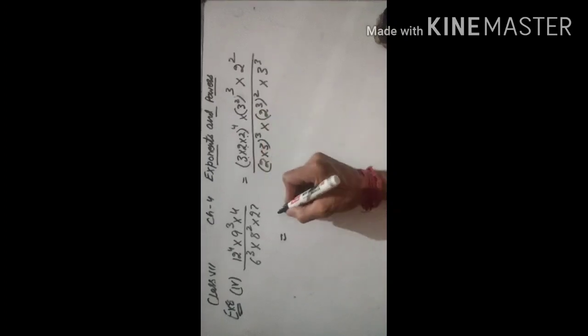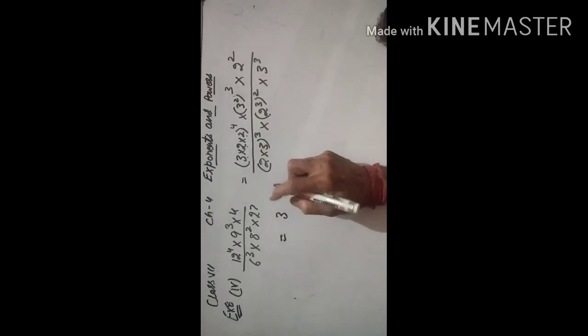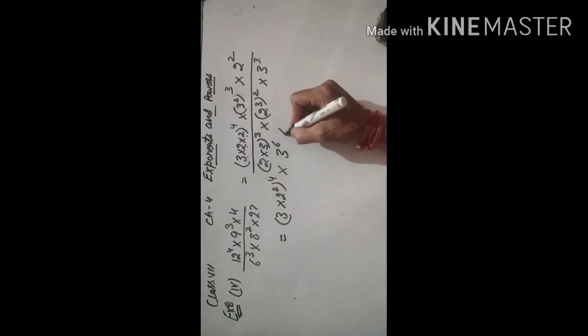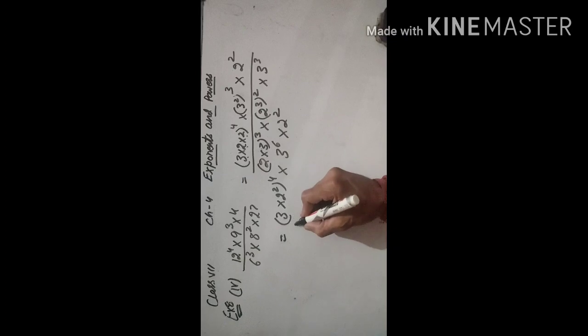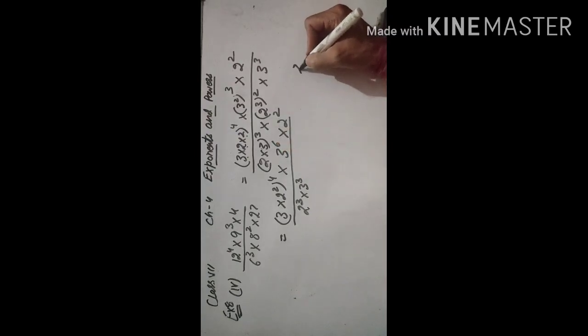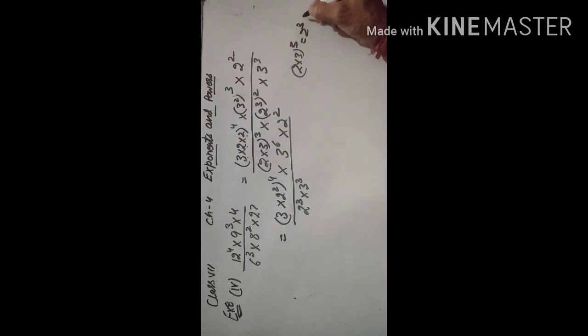Now it becomes 3 to the power 4 into 2 to the power 8 into 3 to the power 6 into 2 to the power 2 divided by 2 to the power 3 into 3 to the power 3.